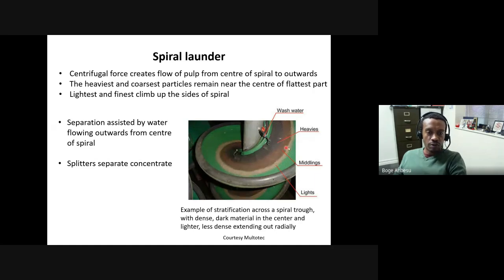Maybe you would have an opportunity to put back the middlings and separate them further to upgrade and recover more of the heavy from the middling as well. So again, wash water is important here to stratify particles and allow dense particles to be collected and light particles to be rejected.